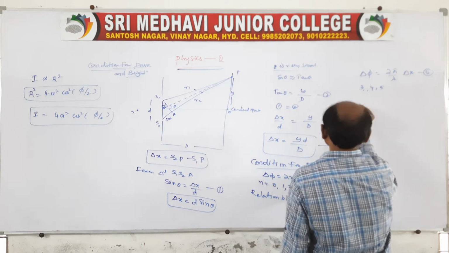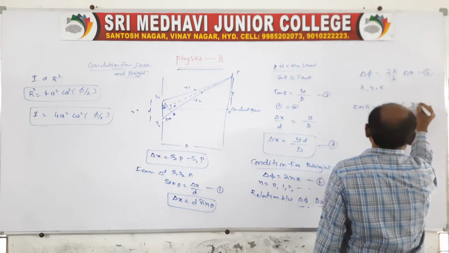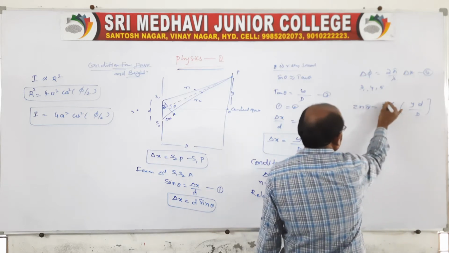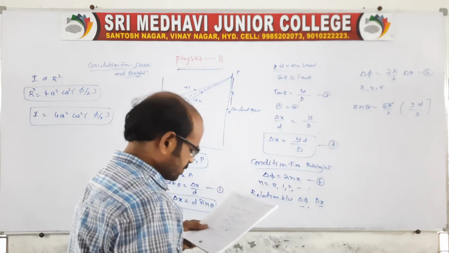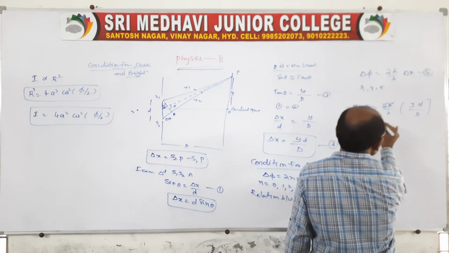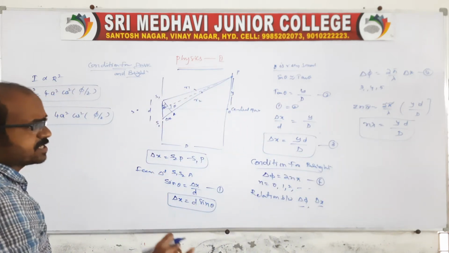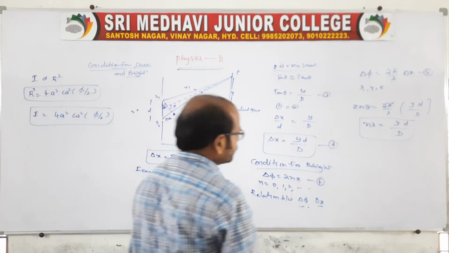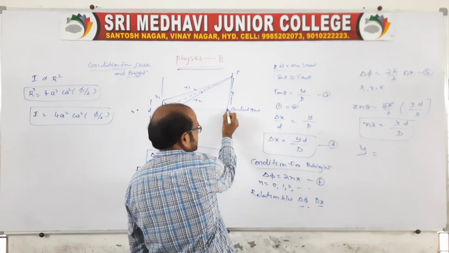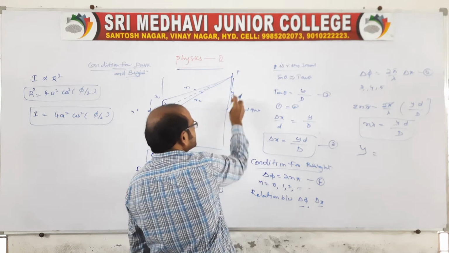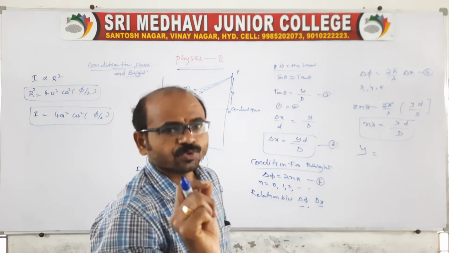From equations 3, 4, 5, delta phi, which is 2n pi, is equal to 2 pi by lambda into delta x, which is yd by capital D. Cancelling 2 and pi, we get for the nth bright band n lambda is equal to y small d by capital D. Here y is the distance of the bright band from the central maxima, which is very important, and we should be clear on this.